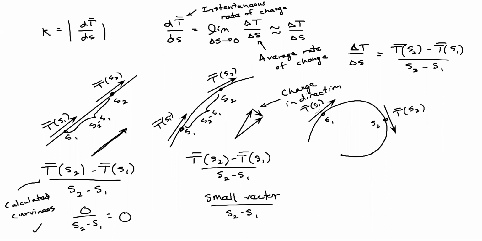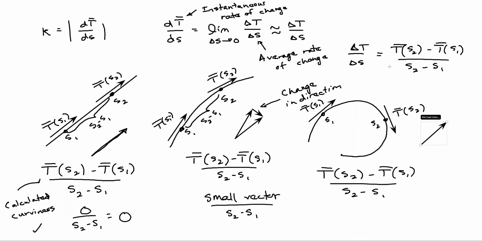And then if you go through and think about what we would get in the numerator for this case, so T of S2 minus T of S1. So that's, again, going to be the difference of those two vectors. How do you calculate the difference of vectors? You have them start off at the same initial point. All right, so there's T of S1.